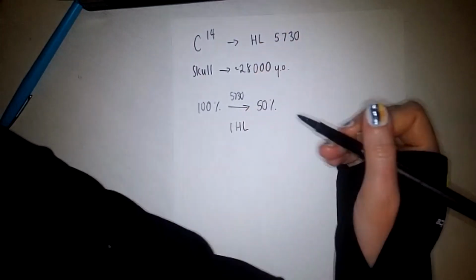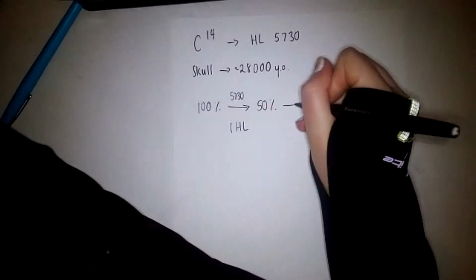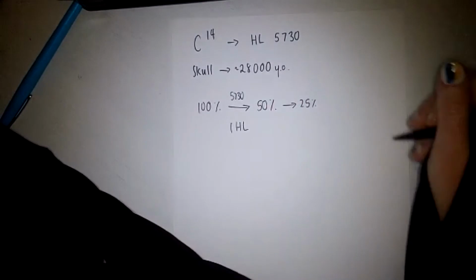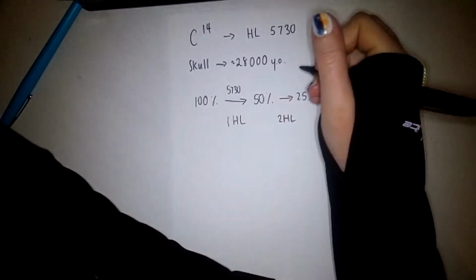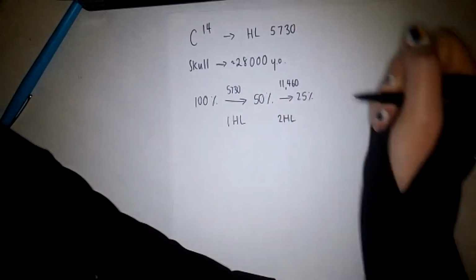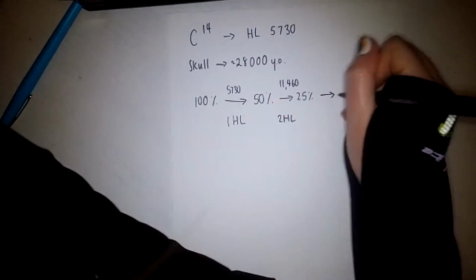Well, that's not right, because we've still not hit the 28,000 yet. So we go again. 25%. I'm going to run out of space, so I'm going to go down the side here. 25%, so it's two half-lives, and that is 11,460 years. So we're still not in the right place. So we go again.